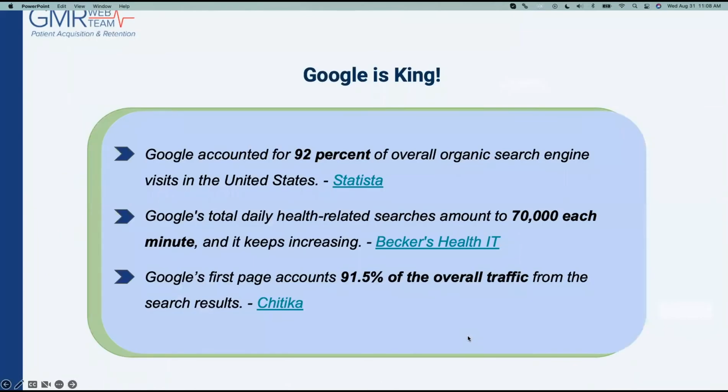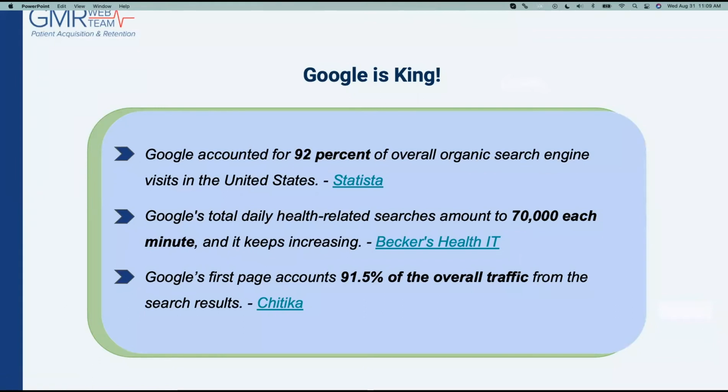And I also want to talk about why we specifically keep emphasizing Google rankings. It's because it's the most popular and most used search engine. It's cited that 92% of overall organic search engine website visits are done in Google. So that includes maybe Yahoo or Bing. So definitely Google is king there.